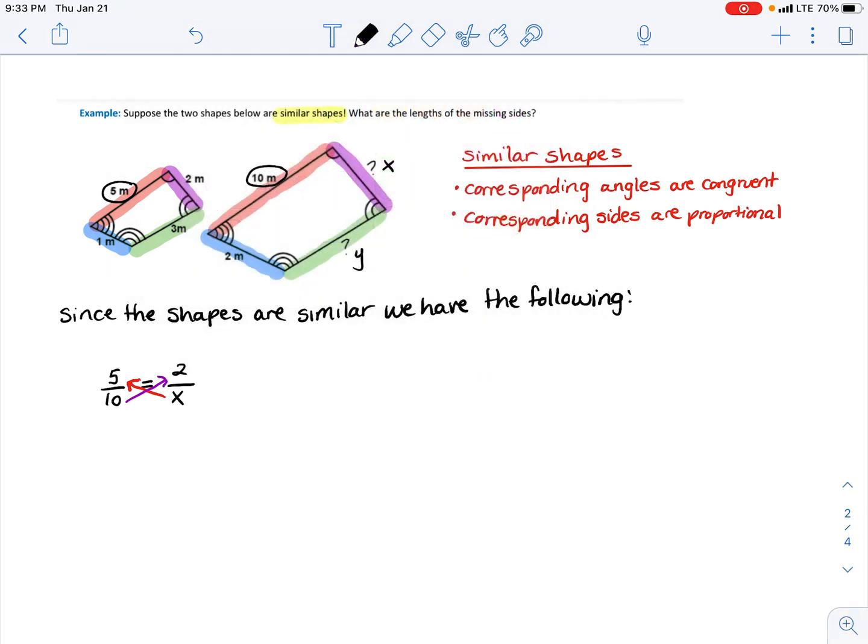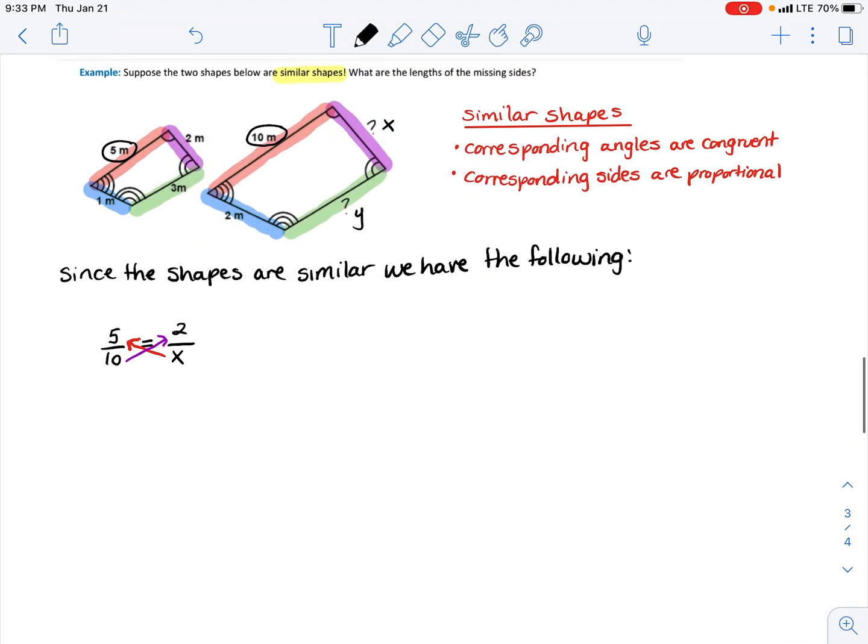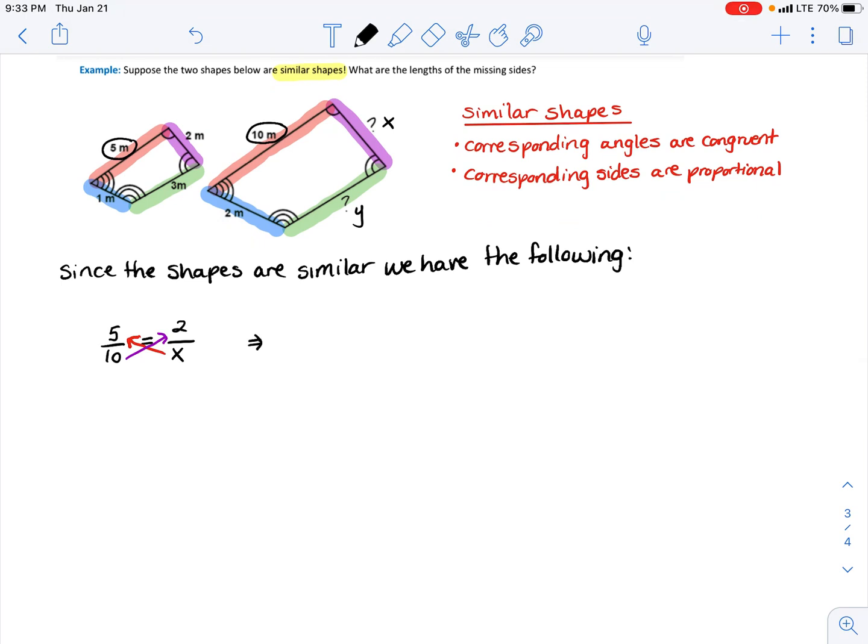When I do that, I get 5 times x is 5x, which is equal to 10 times 2, which is 20. Now to solve for x, I want to divide both sides by 5. And so I get that x is equal to 4.